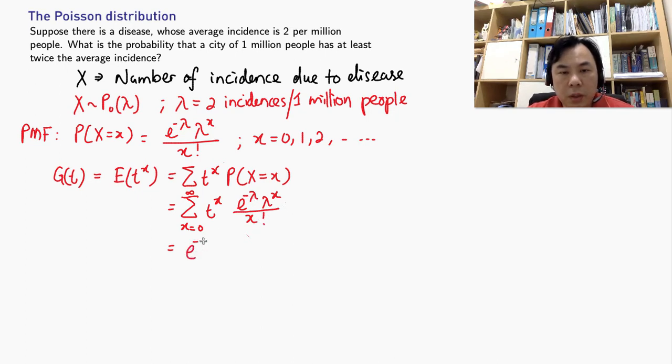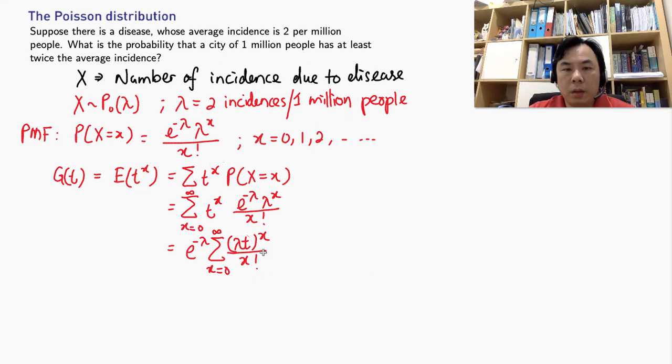We can take out the exponential of negative lambda because it's a constant itself, and then the t and the lambda can join together, so we have the sum of (lambda t) to the power of x over x factorial, for x from 0 to infinity.